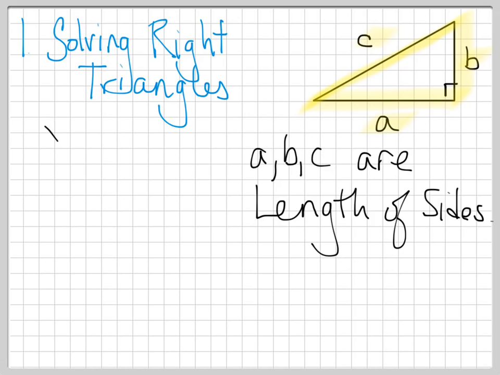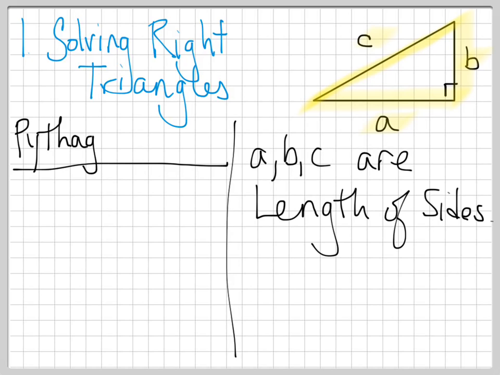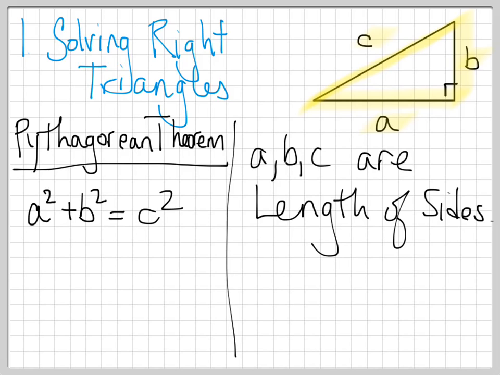And so here is the fact that you need to know in order to solve right triangles. The Pythagorean theorem says that whenever you have a right triangle, it's true that a squared plus b squared equals c squared.